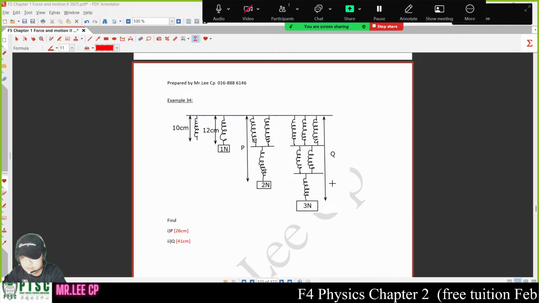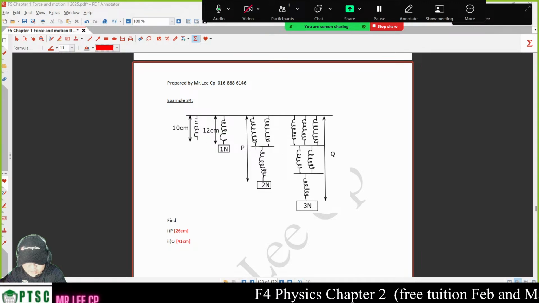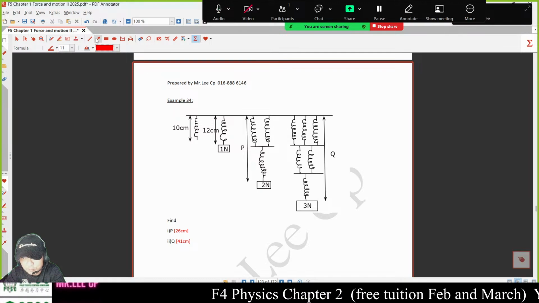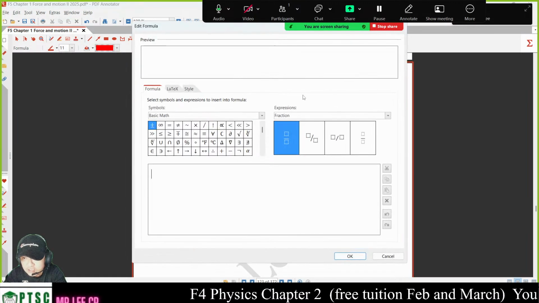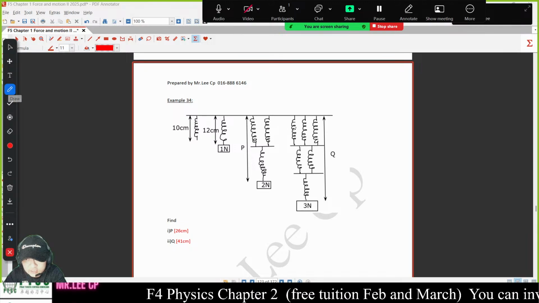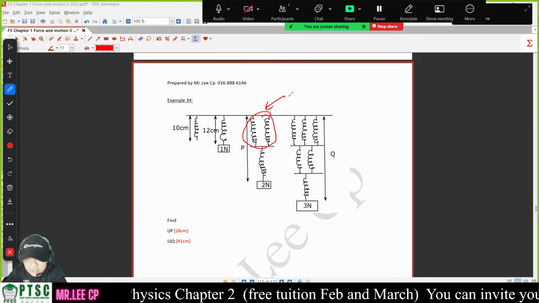Alright, so we come to do something that is more complicated. You've got a combination of springs. Here, this one is arranged in parallel. So the two springs are in parallel.